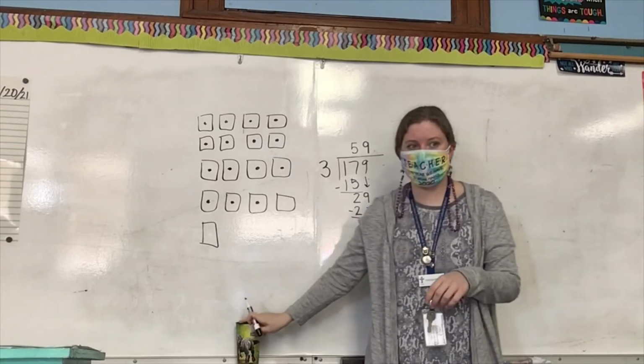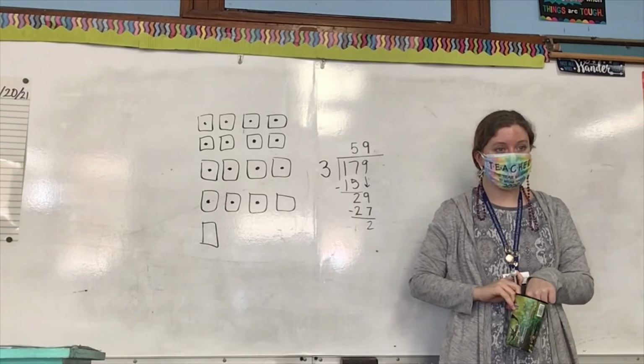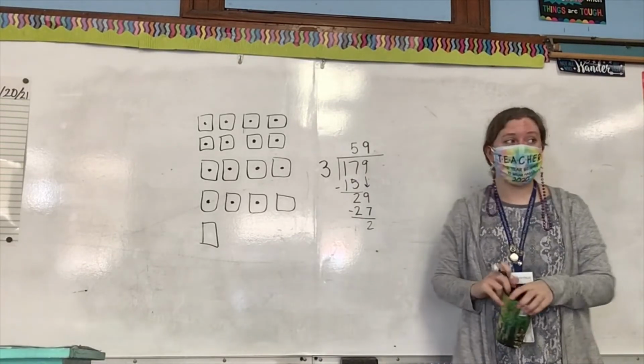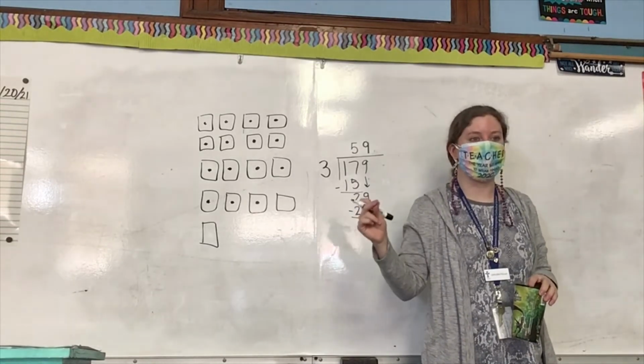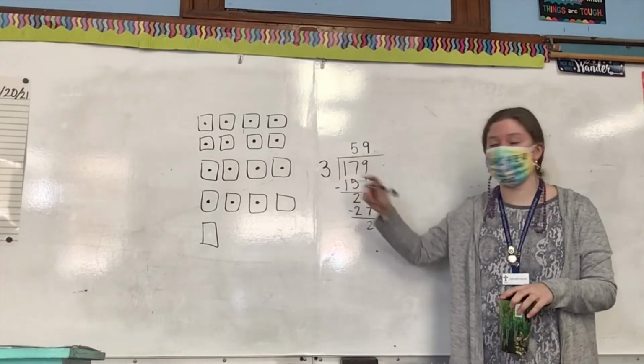Anybody notice anything? Or can we keep going? Colin? We can keep going. It might be helpful to always compare the answer to your subtraction problem, then you're sure that you're on the right track.